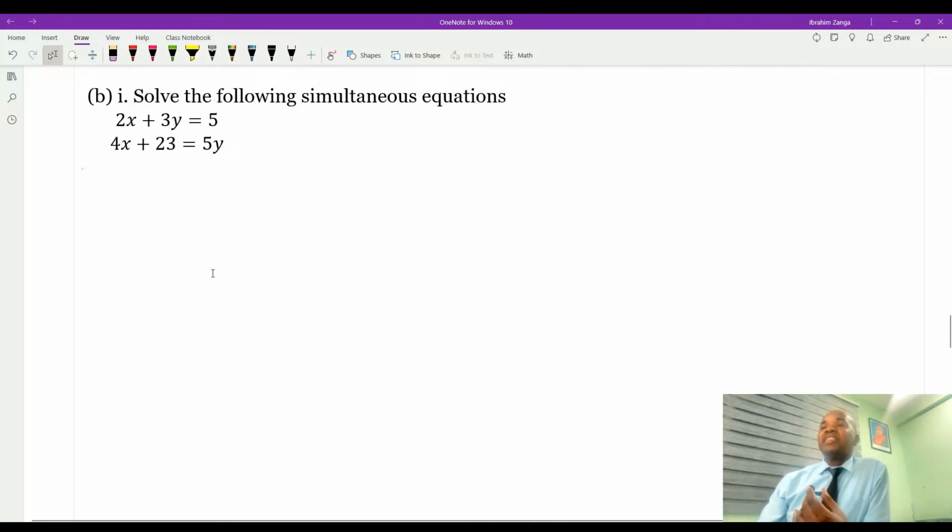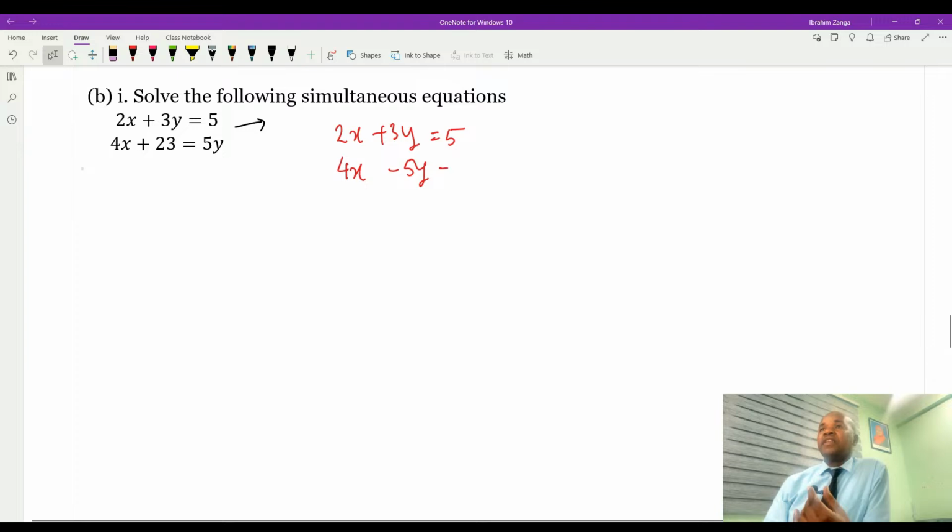Coming to question number 3B, solve the following simultaneous equations. So we can rearrange again these simultaneous equations so that you have the first equation is 2x plus 3y equals to 5. And the second one is 4x minus 5y equals to negative 23. Just a rearrangement. And I prefer to use elimination method, so we multiply by 2 here by 1.